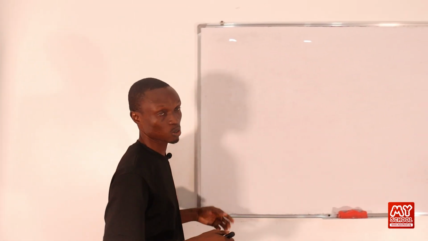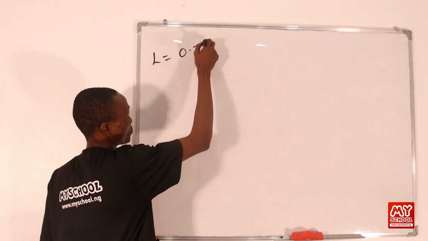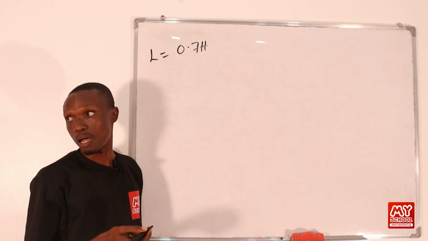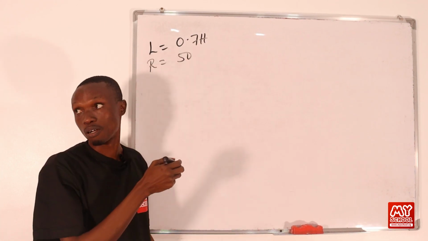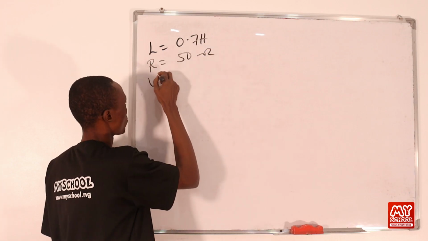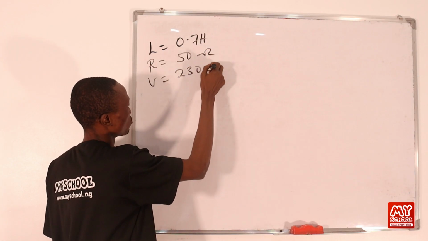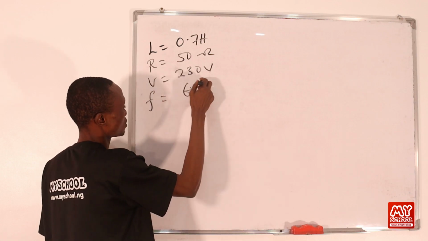In this question, we already know that L is equal to 0.7 Henry. We are given R to be equal to 50 ohms, voltage to be equal to 230 volts, and frequency to be equal to 60 hertz.